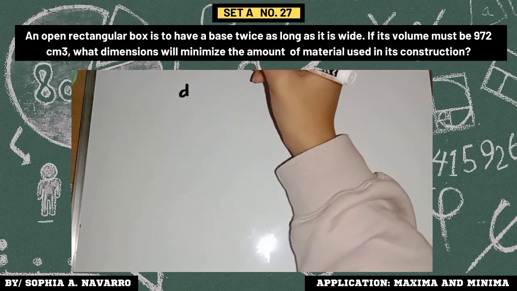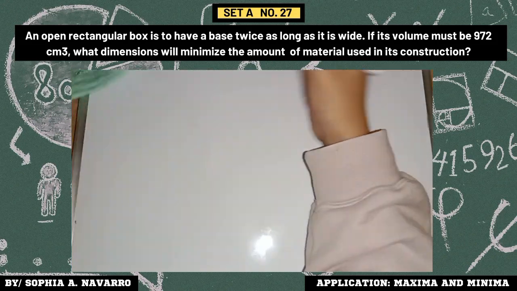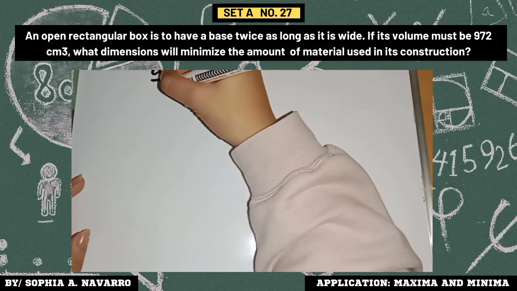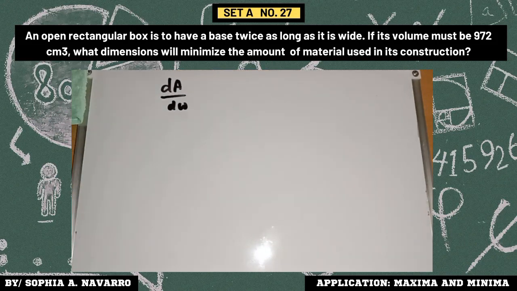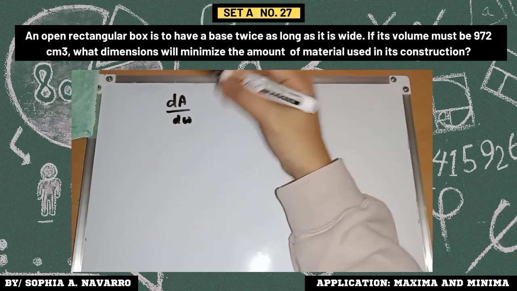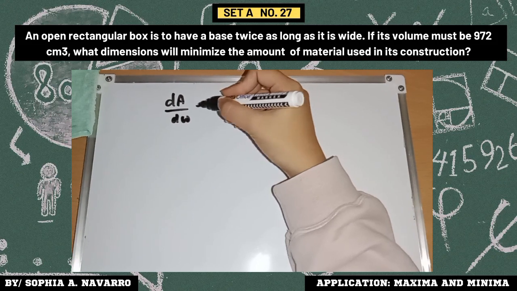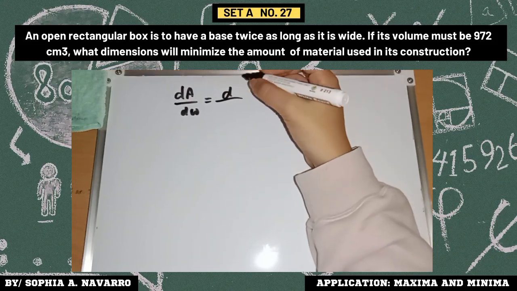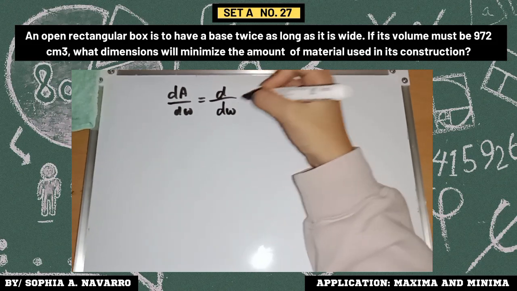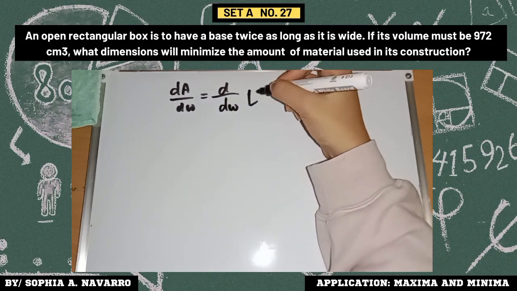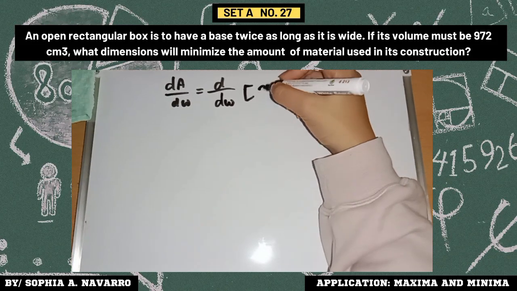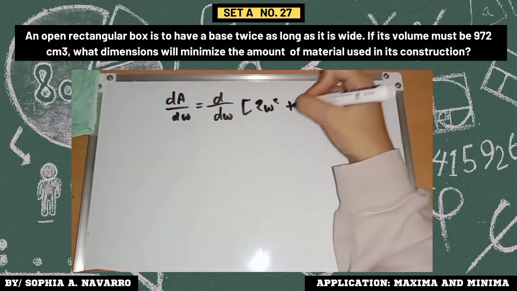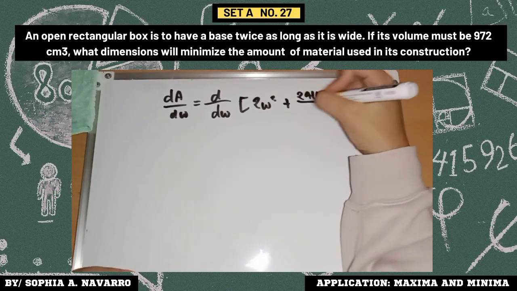dA over dW, where A is the area, of 2 width squared plus 2,916 over width.